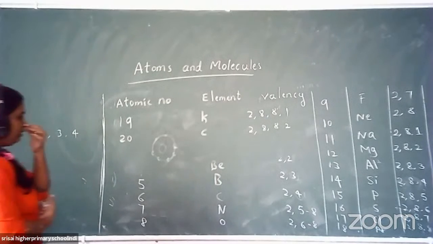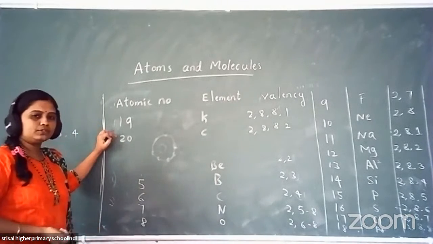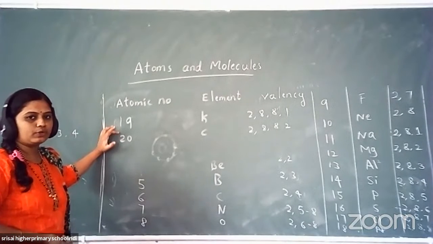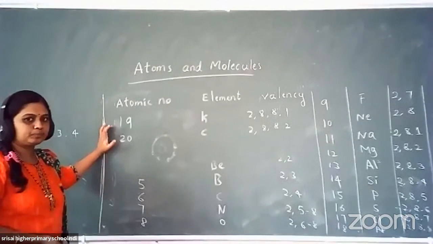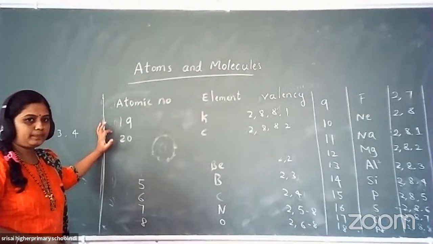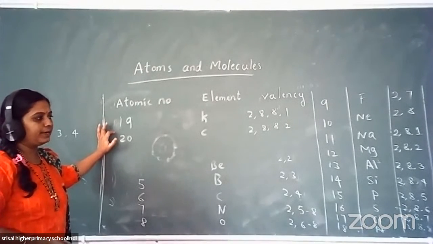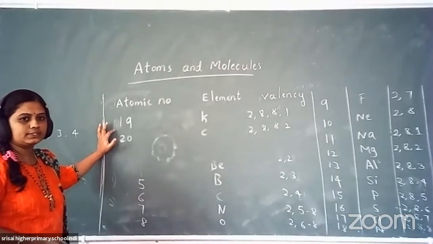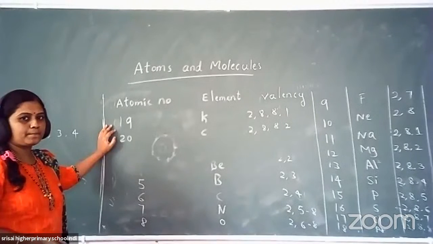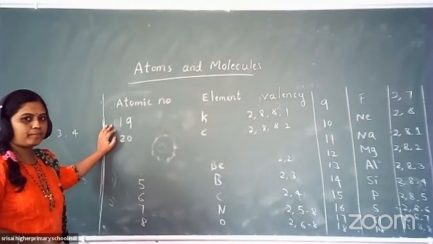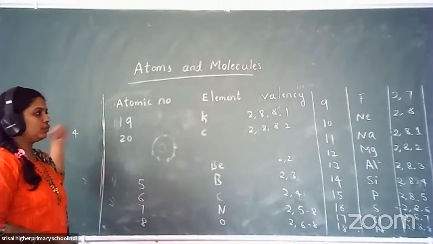Now at least you write 30. The remaining 10 atomic numbers you will write today, students. Now you have the idea of writing the valency number, students. Yes or no?